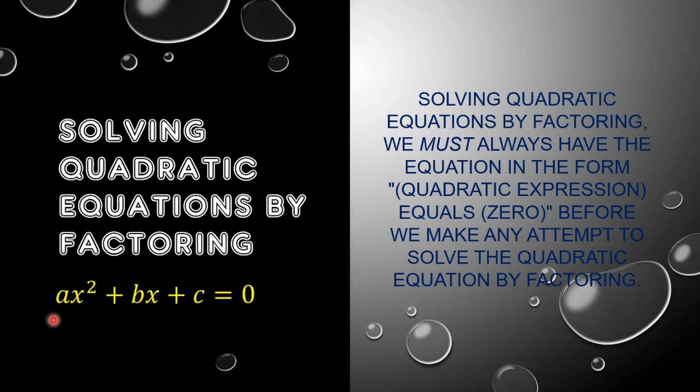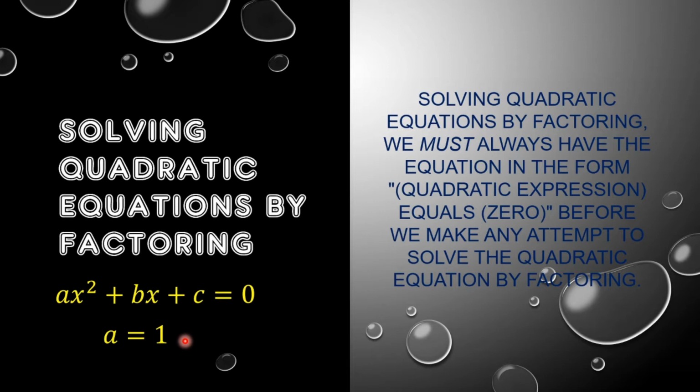So this is the standard form of a quadratic equation: ax squared plus bx plus c is equal to 0. And this time we are solving the quadratic equation by factoring, wherein the value of a is equal to 1.